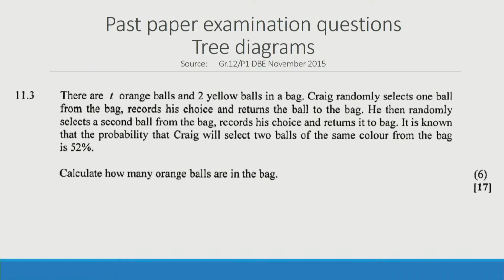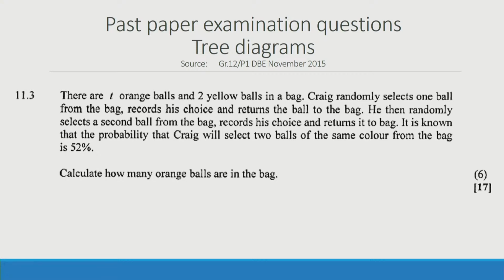Now let's move on to the next question. Let's check what we have here. It's another tree diagram question, and it says the following. There are 2 orange balls and 2 yellow balls in a bag. Craig randomly selects one ball from the bag, records his choice and returns the ball to the bag.